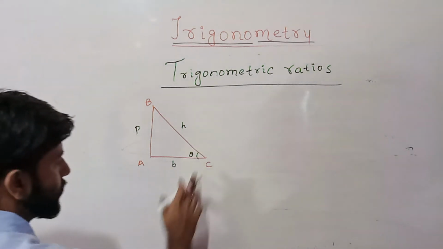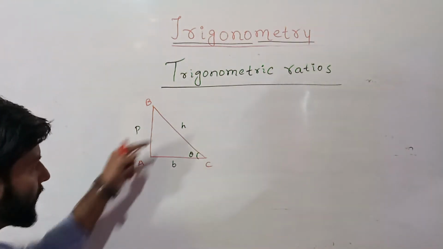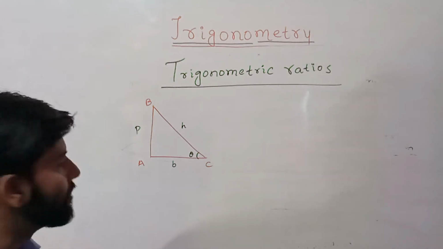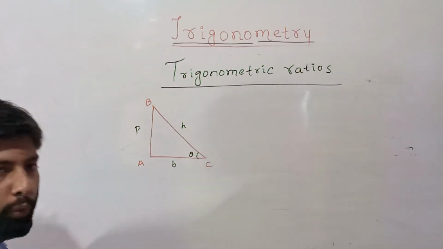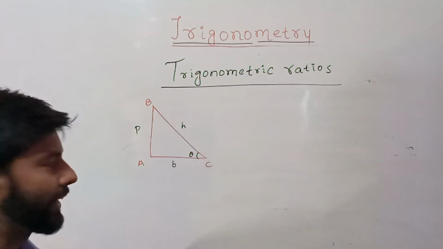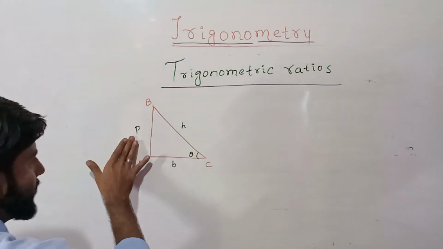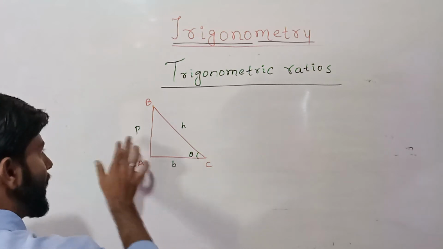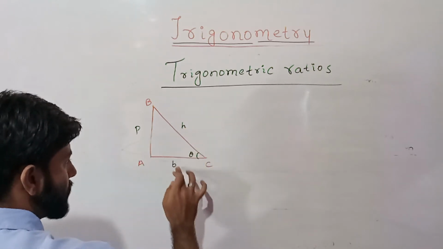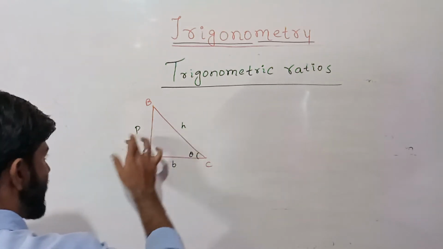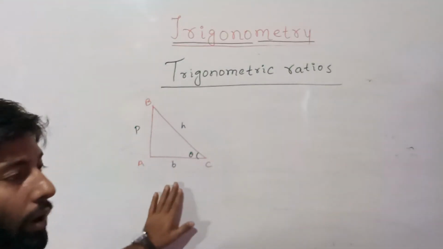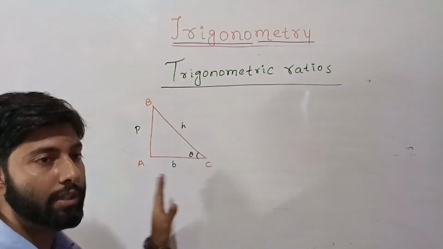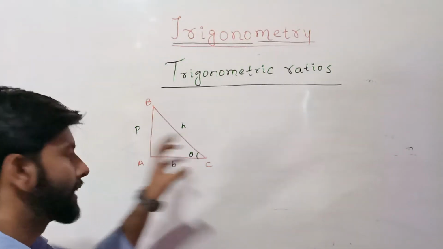If I ask you how many combinations are possible, like if I am considering the ratio of two sides of a triangle, so you will say there is P by B, B by P, B by H, H by B, P by H, H by P. So in this way there are 6 possible ratios in which these sides can be written.